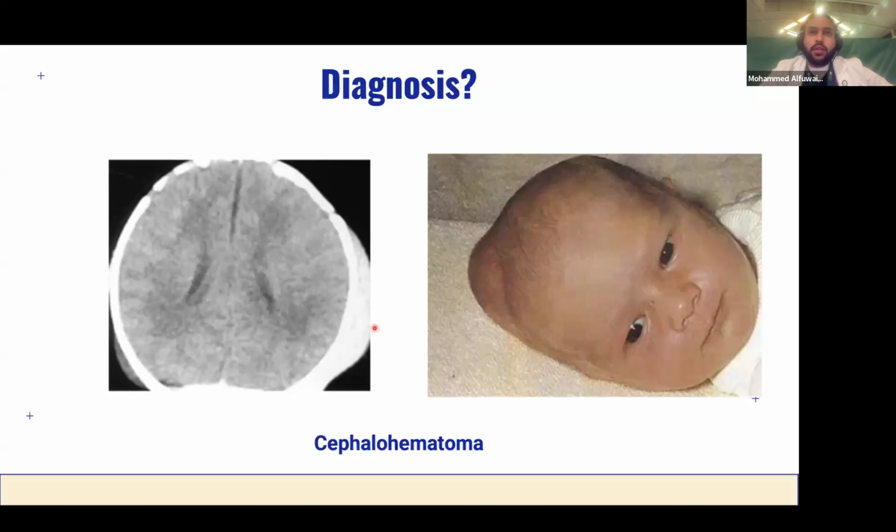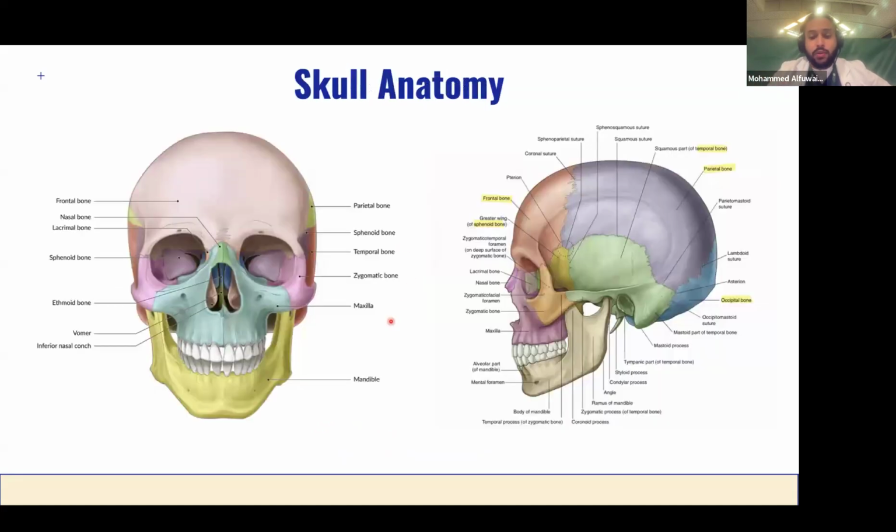It might be a complicated delivery, so we might use certain techniques to help deliver the baby, such as the suction technique. You'll learn this inshallah partly in repro and in OB-GYN in 4th year. But basically we use a suction technique, and this could be a complication of that. Okay. So it's a collection of blood between the pericranium and the skull. So that is cephalohematoma.